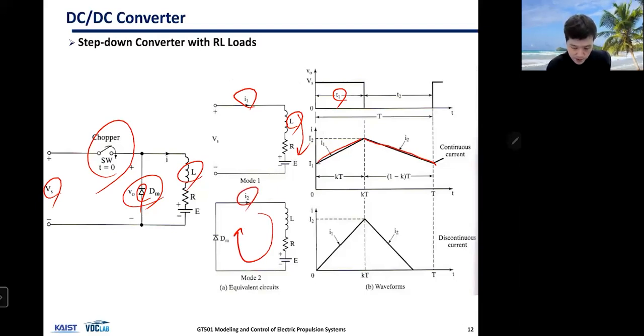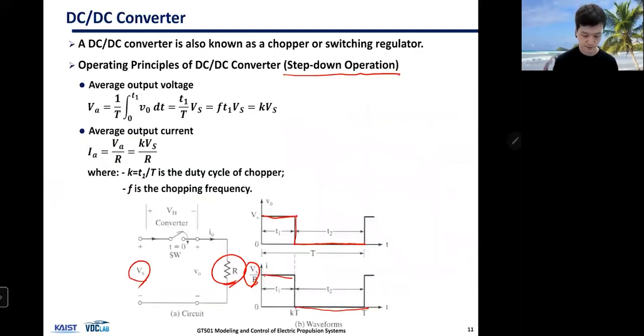Okay, so you're going to repeat this process, and you can reduce the actual applied voltage experienced by the load, and you can compute the average voltage by this equation.